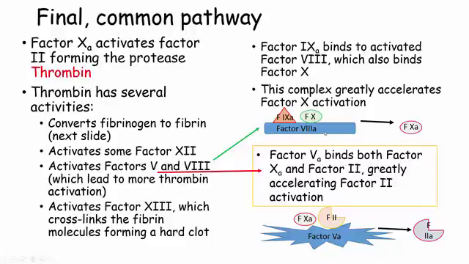So this factor 8A holds these two together, kind of like a scaffold, and enables factor 9A to activate factor 10 much more rapidly, leading to a great increase in factor 10 activation, or in other words, more factor 10A. And remember, 10A is the protein that's going to actually activate prothrombin.